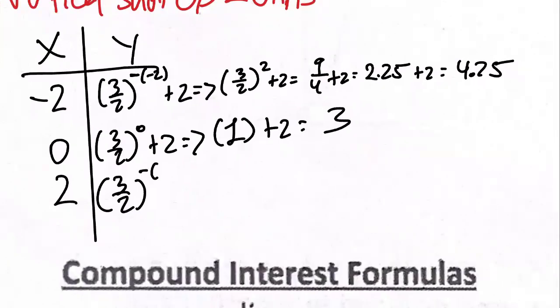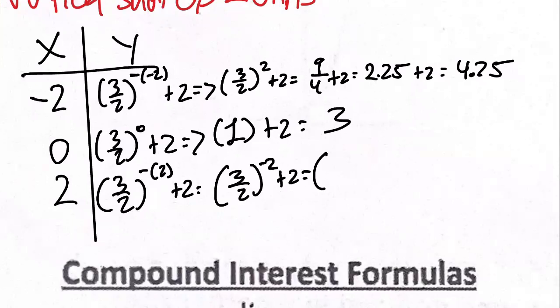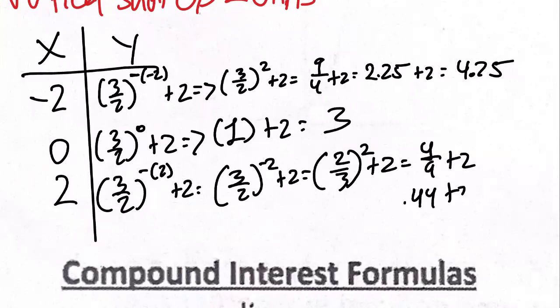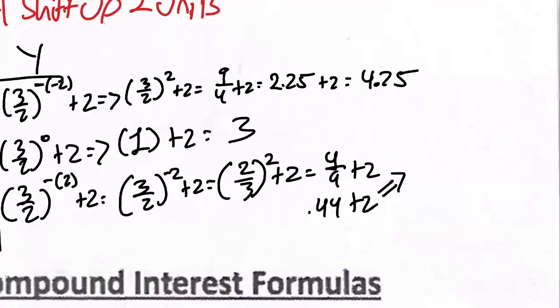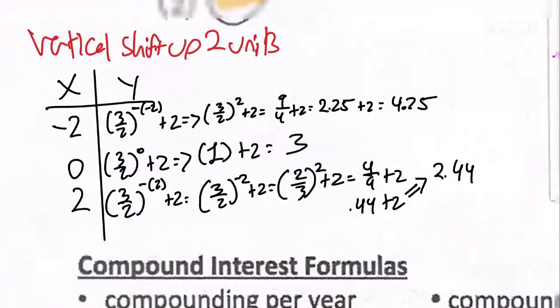This is -2, so 4/9 plus 2, 0.44 plus 2, 2.44. Okay, I'll give you guys a minute to fix this one, because I didn't realize it was -x on the top.